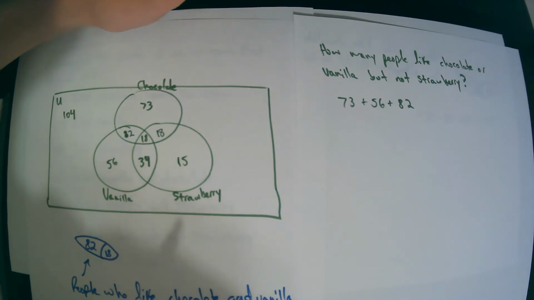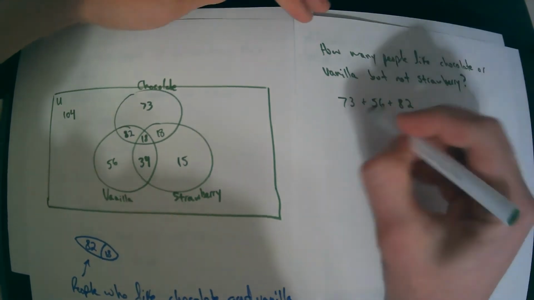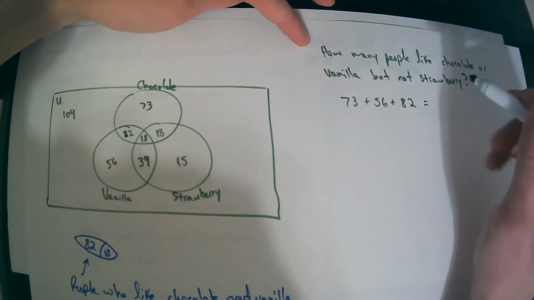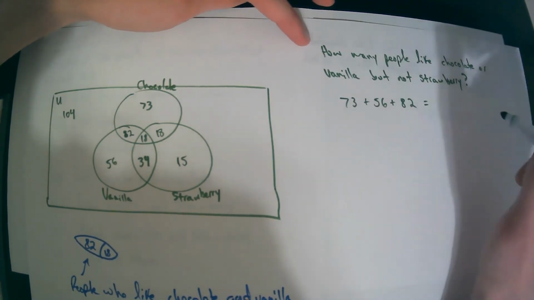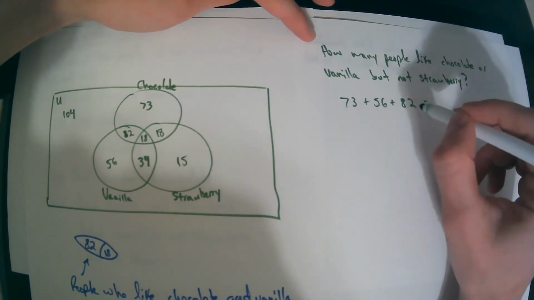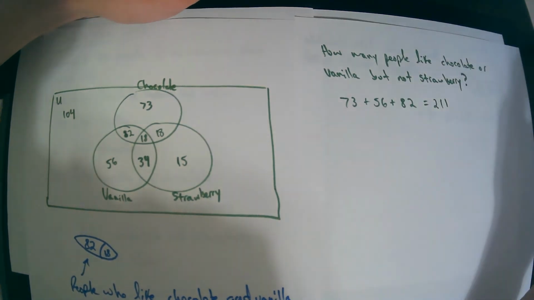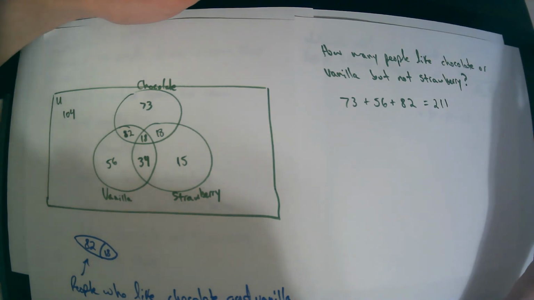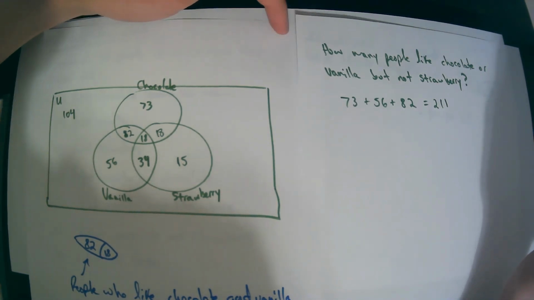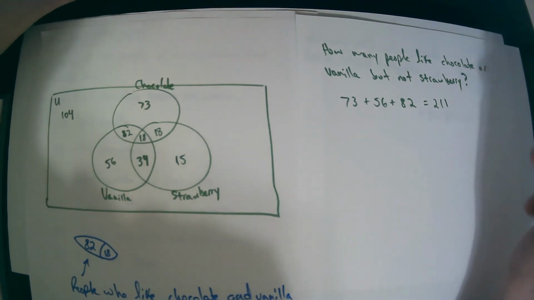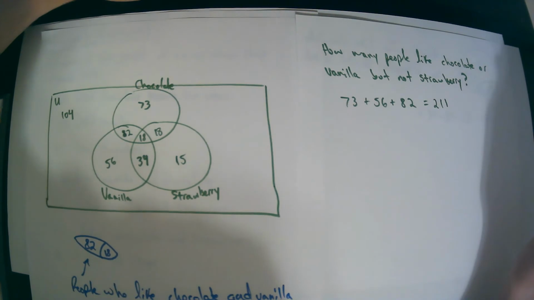Okay, so that would be the answer to that question. Well, okay, if you still want to add it up and actually get an answer, what would that be? Let's see, 211. My addition game does not feel strong today, so I apologize if I make any little addition errors, but you can definitely double check with a calculator.